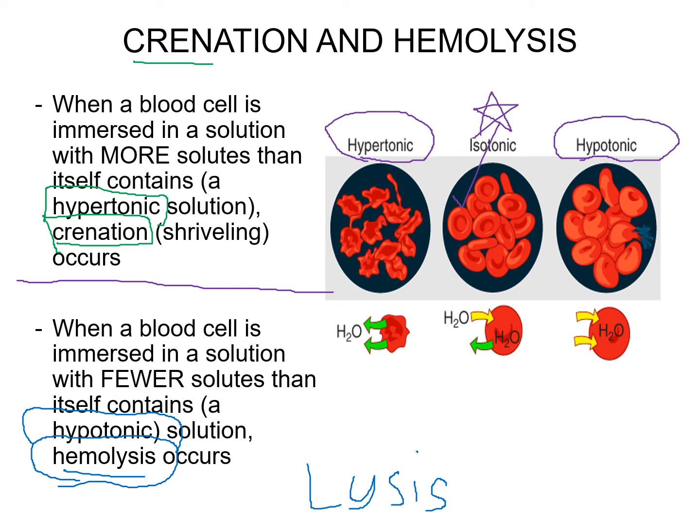An example of when this can happen is pure water. Pure water that doesn't have any minerals or any extra electrolytes or solutes added to it is not isotonic to the body. Remember, our body does have a certain amount of salts existing on the inside of our cells and the outside of our cells, and electrolytes.